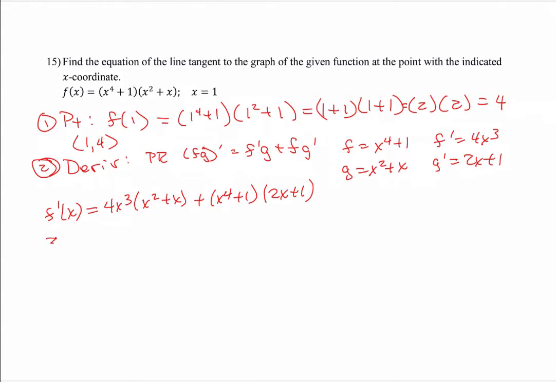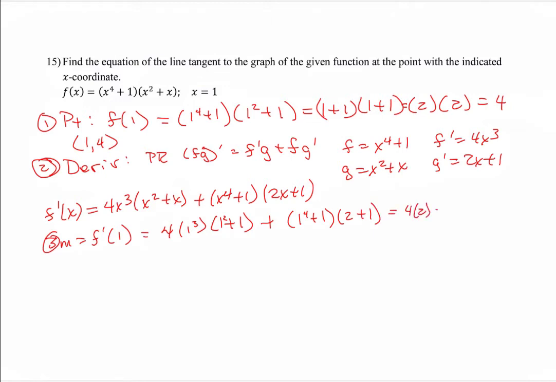So third, we need to find our slope, which is f prime of 1. So that is 4 times 1 cubed times 1 squared plus 1, plus 1 to the fourth plus 1 times 2 plus 1. So what we get is 4 times 2 plus 2 times 3.